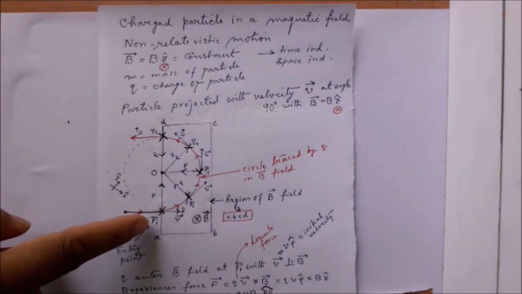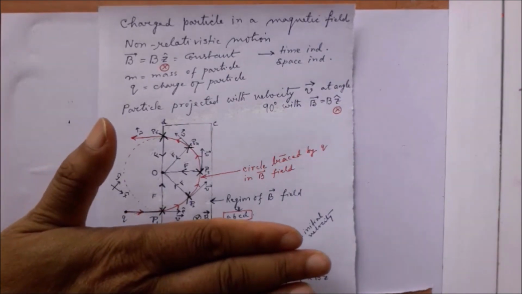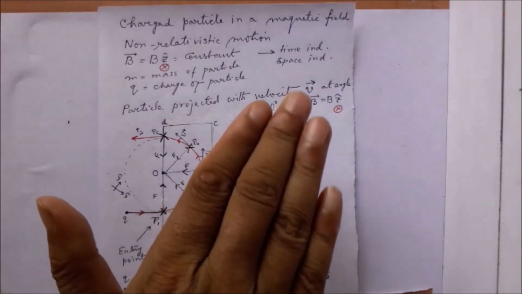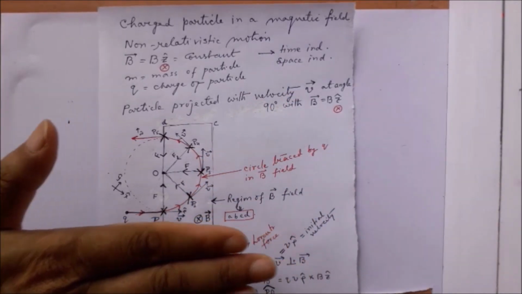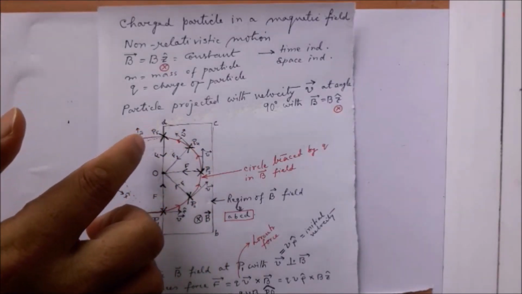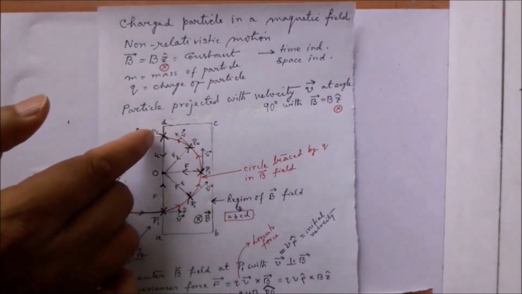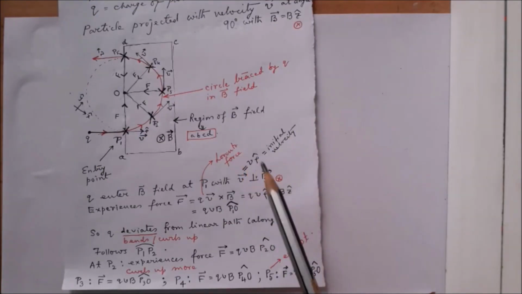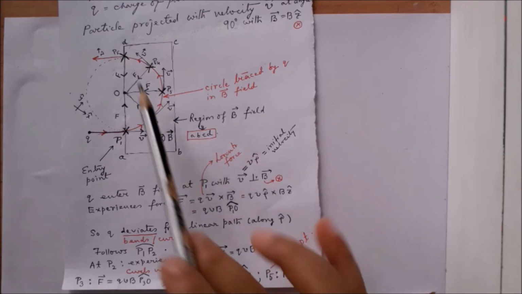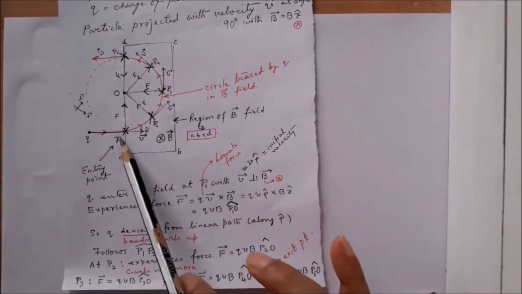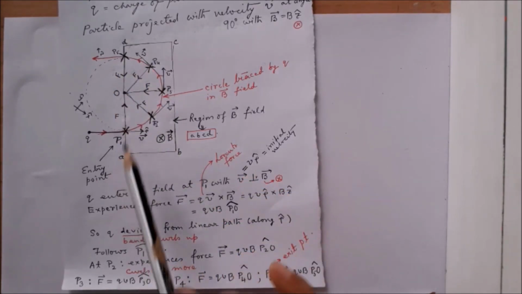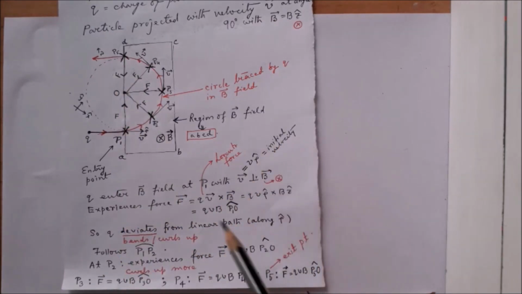Now P1 is the entry point, and the particle tried to move straight, but the magnetic field B curls it, and therefore it doesn't follow a straight path, but it curves or bends and moves along a circular track. So this is the trajectory of the particle. The description that I tried to give, to make you convinced that the charge follows a circular track P1, P2, P3, P4, P5 from entry point P1 to the exit point P5, is given here.